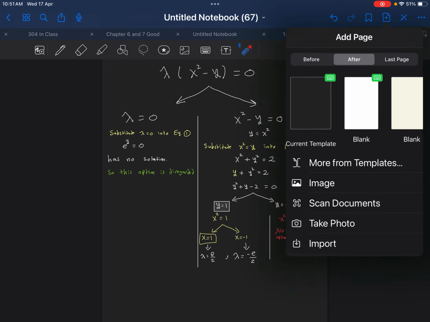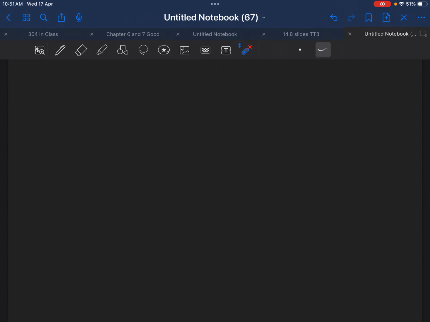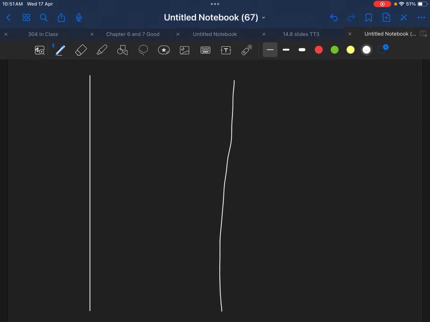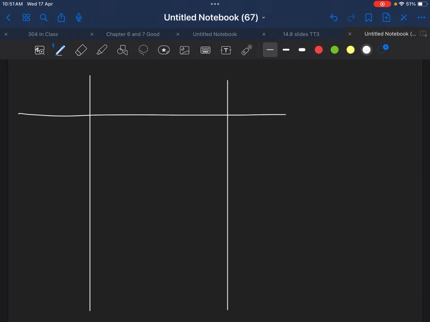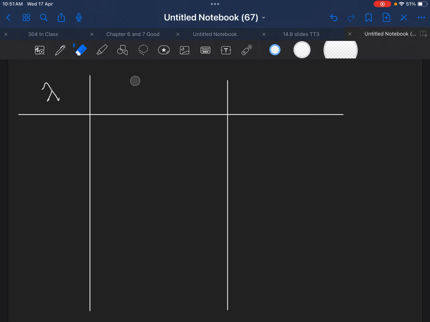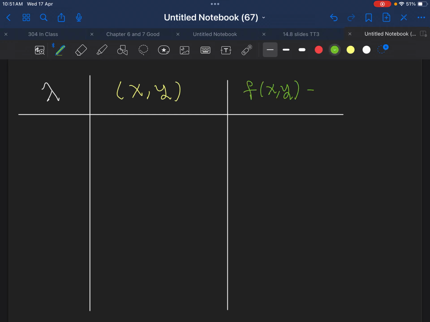For the final answer, we make this table where we put the value for lambda, the value for x comma y, and finally the value for f of x comma y, which is equal to x e^y.